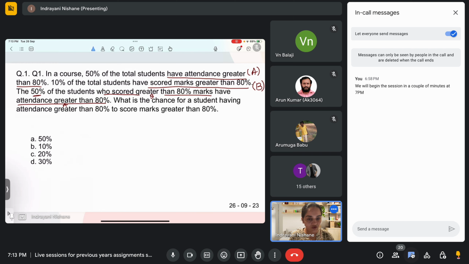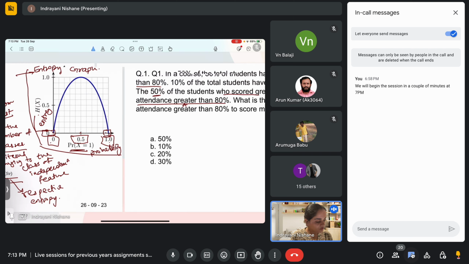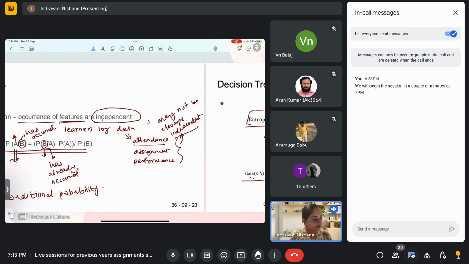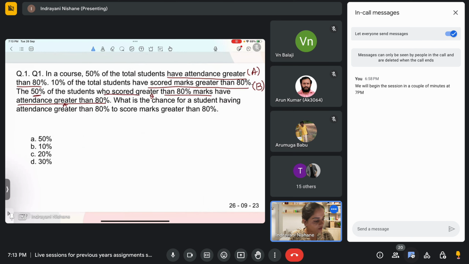So if we want to put it into this formula, given A and B has already occurred, this is the probability of B, who scored 80%. Probability of B given A has already occurred is 50%.